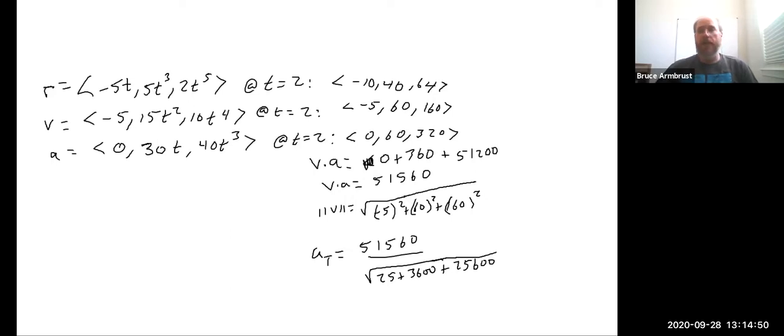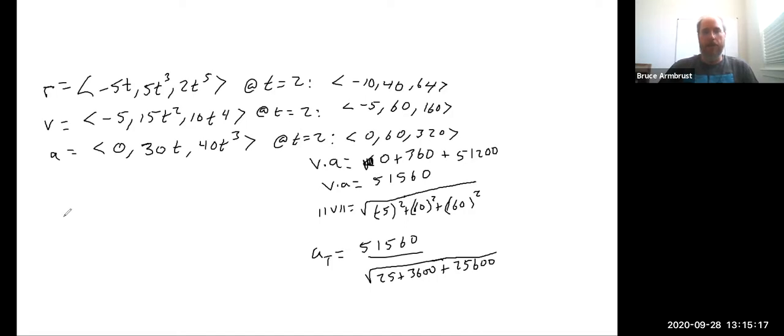We can go back to how it got derived, and that involves a cross product: the magnitude of V cross A, divided by the magnitude of V. But I don't recommend that one, because the cross product is going to be pretty gnarly, and so is finding its magnitude. Instead, you can do kind of what Victor put in the chat box. It's not quite right, but he was close.